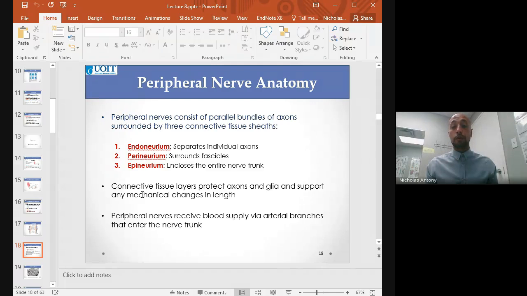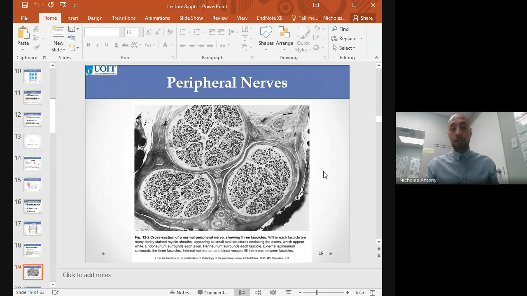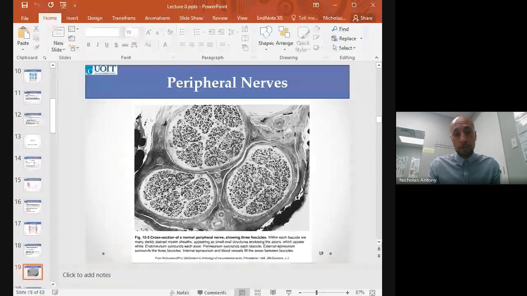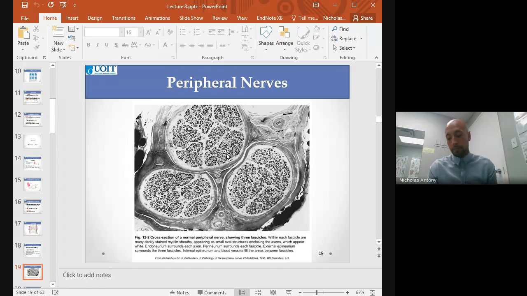So if you look at a cross-section of a nerve, there are three bundles here. Can you guys see the stain, like the little circles? Each of these black circles, if you look at the slide, represents an axon. It's the myelin that's stained dark, so you see the black circles.